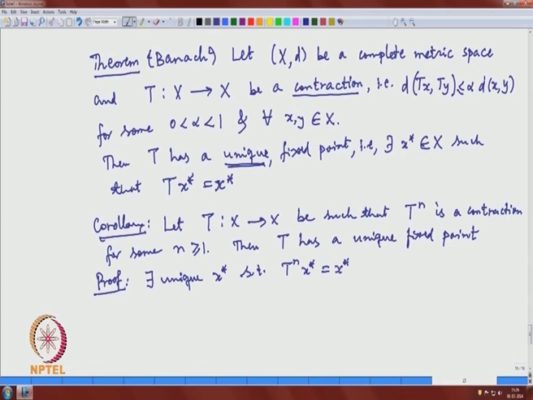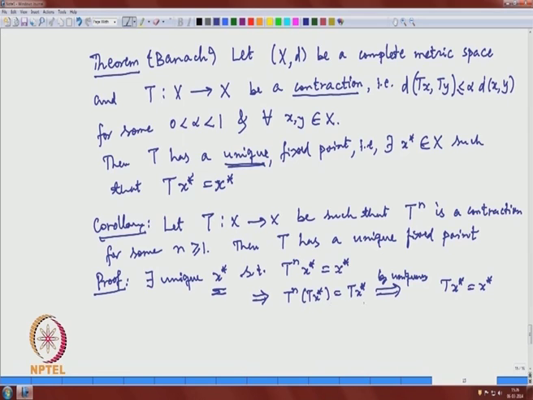If I again compose with T, T^n of T x star is equal to T x star, and by uniqueness, T x star is equal to x star.